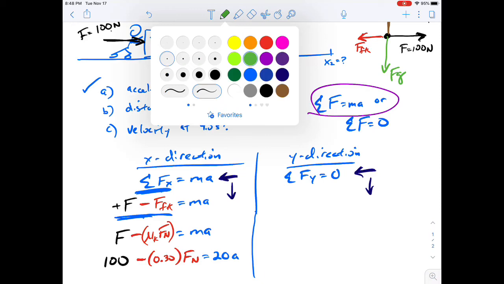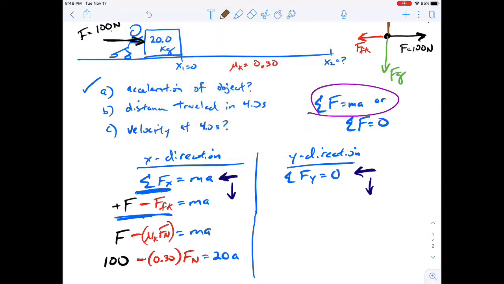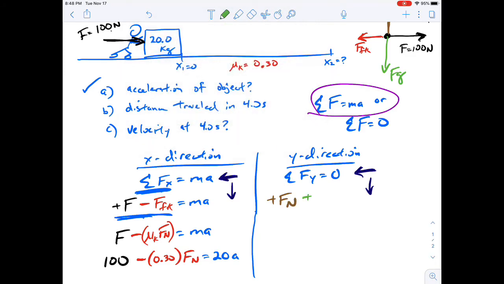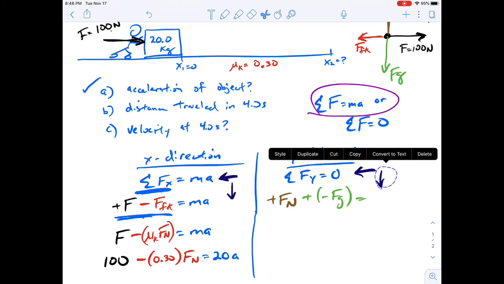We happen to know that in the y direction, the normal force, positive, minus gravity, equals 0. So, of course, I'm going to get rid of that positive.